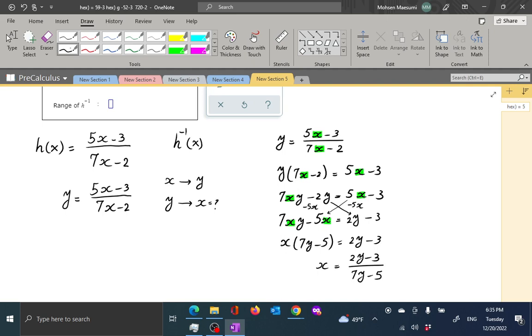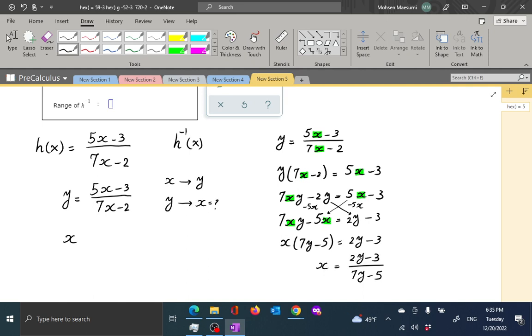So that's what we were after. If I give you x, can you find y? Well, function h does that. If I give you y, can you find x? Well, take the y that you have, plug it in this formula, and you get your x. So that's the inverse function.